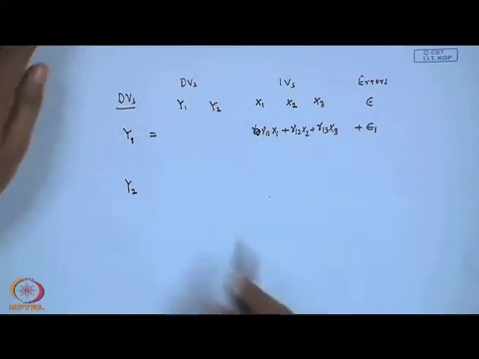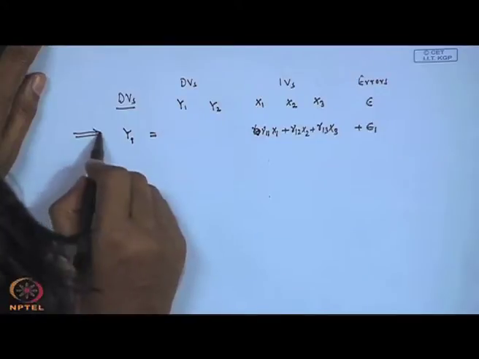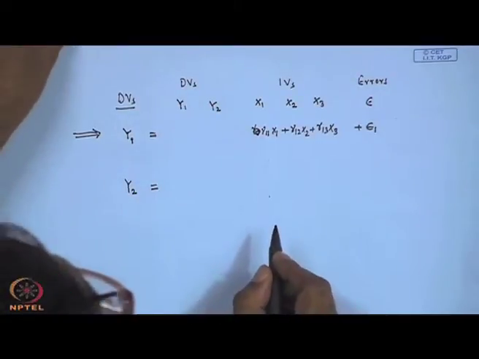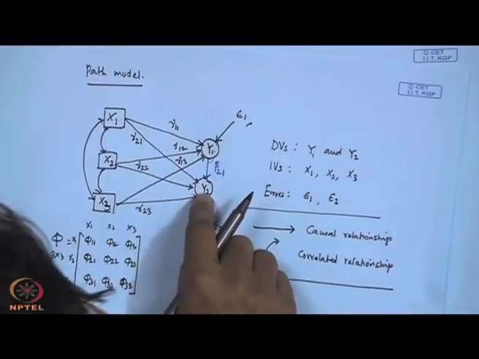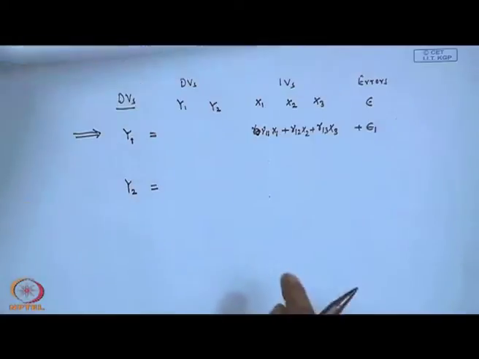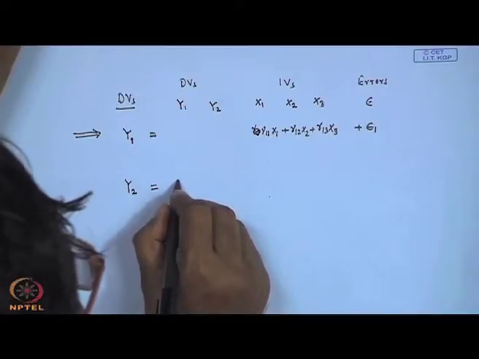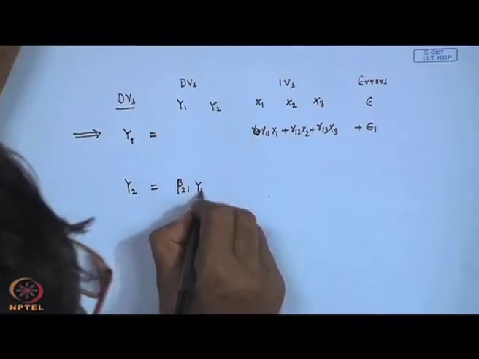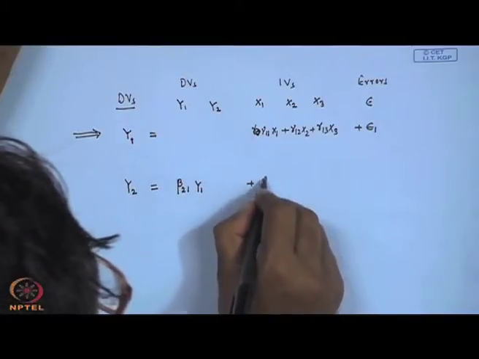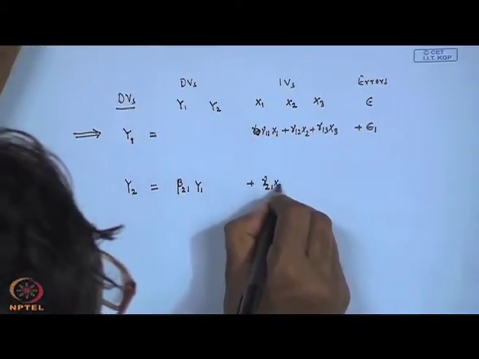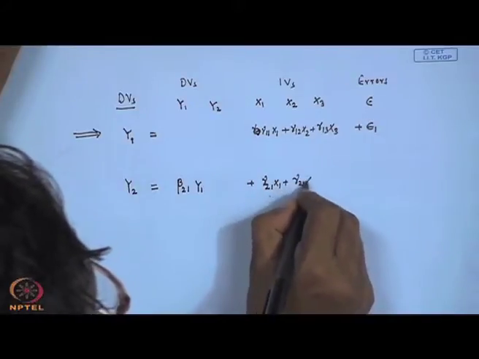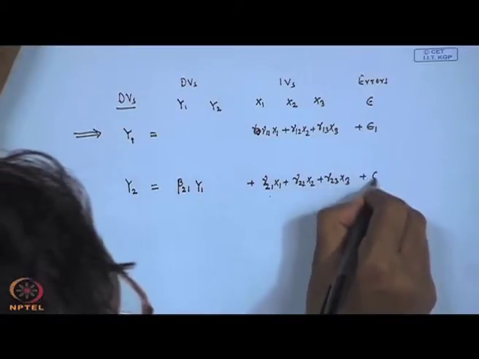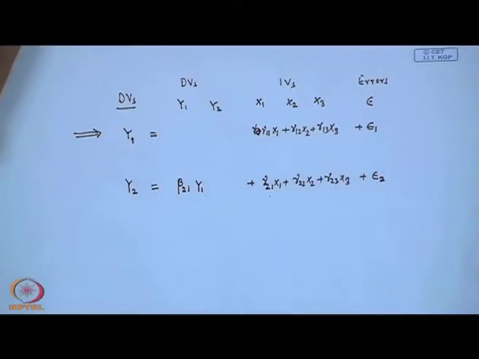This is the regression equation for y1. Similarly, for y2, y2 is also affected by y1, so we can write beta 2 1 y1 plus gamma 2 1 x1, gamma 2 2 x2, gamma 2 3 x3 plus epsilon 2.